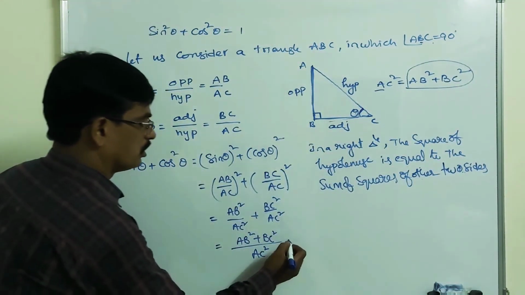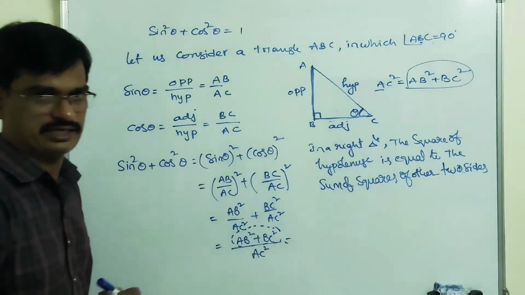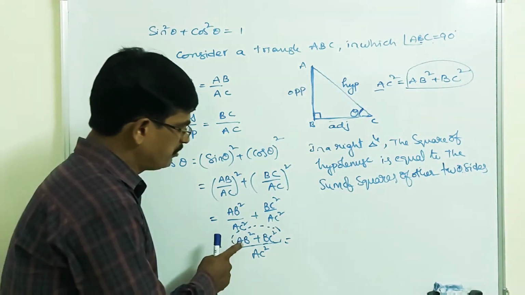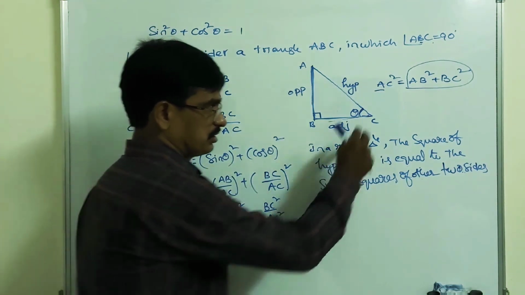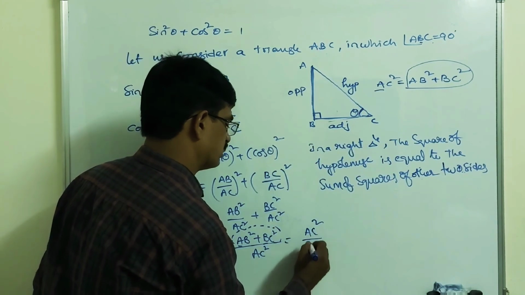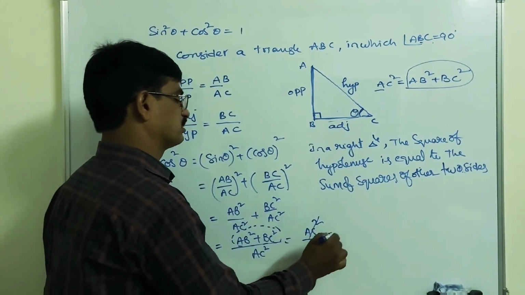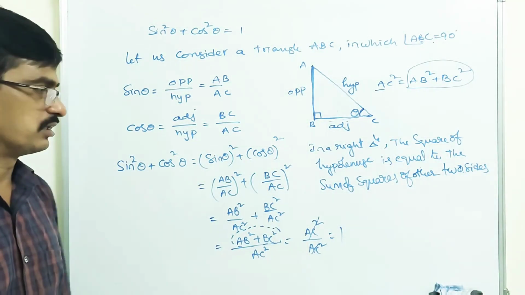But here AB square plus BC square is there. Can I replace AB square plus BC square with AC square? Definitely. That is AC square by AC square. Now AC square and AC square cancel out. Then we get 1.